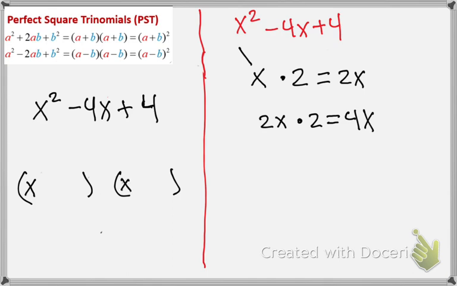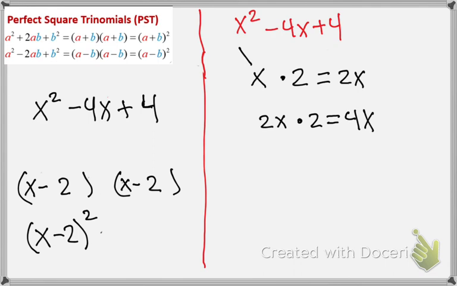You take the sign of the second term, put it in both parentheses as well. And then you take the square root of the third term, and put it in your parentheses. Again, it's going to be rewritten as a binomial squared. And we can check this through the FOIL process if you know how to do that.